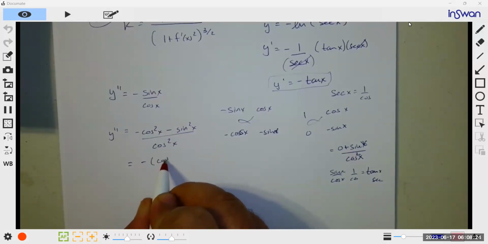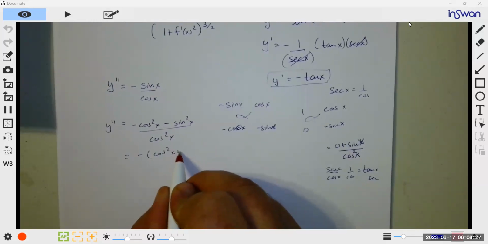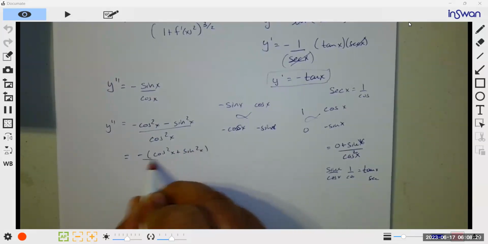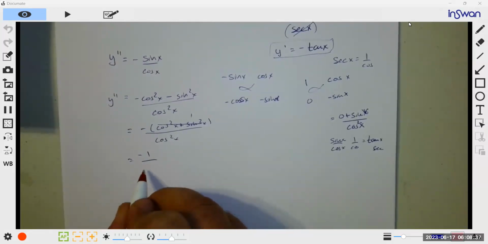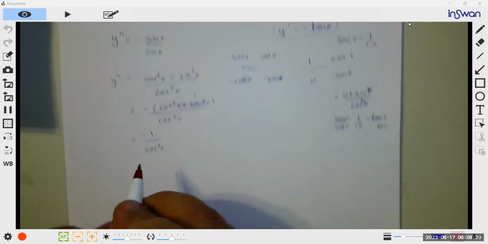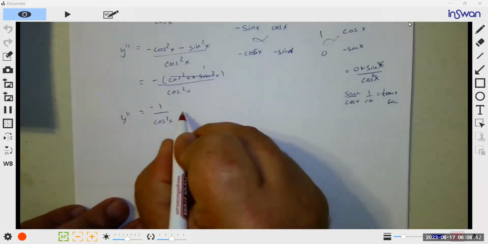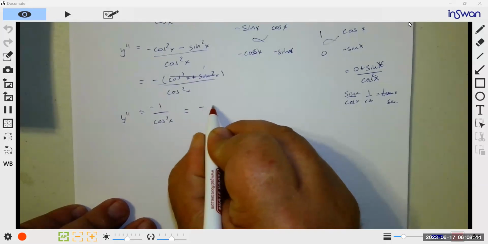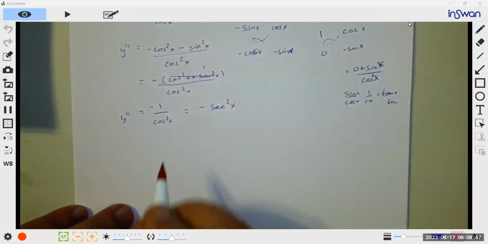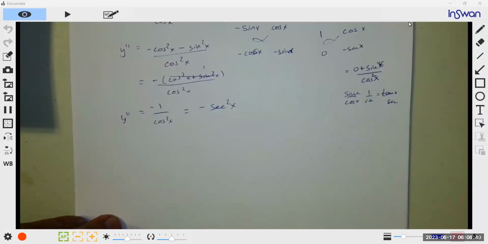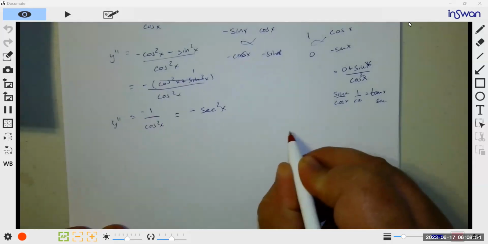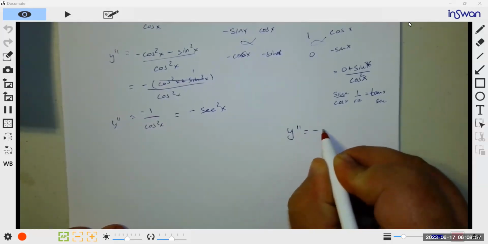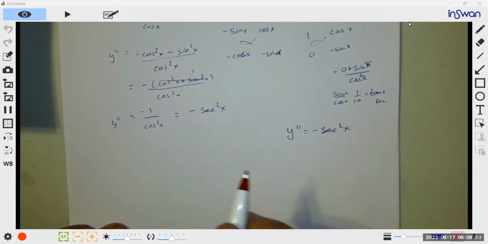Take out a negative, so we have cosine squared x plus sine squared x. That equals 1. So we have negative 1 over cosine squared x, which means it's negative secant squared x. So that's what the top equals. So y double prime is negative secant squared x.